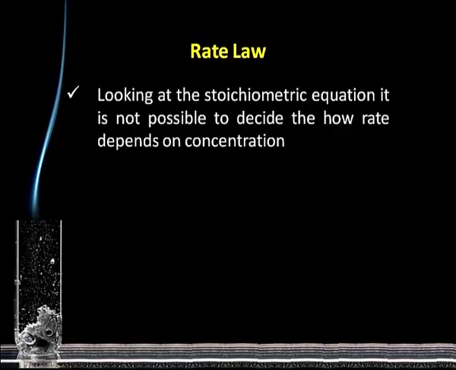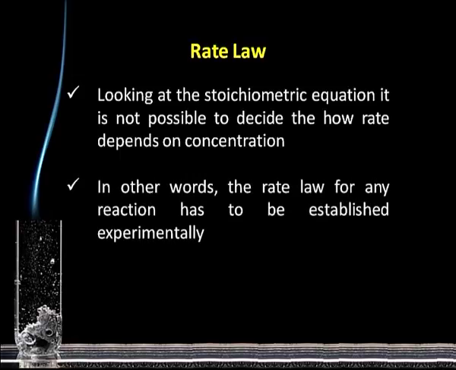You cannot predict a rate law for any reaction. Looking at the stoichiometric equation, it is not possible to dictate or decide what is going to be the dependence of rate on concentration. This has to be stressed here. In other words, the rate law for any reaction has to be established experimentally.